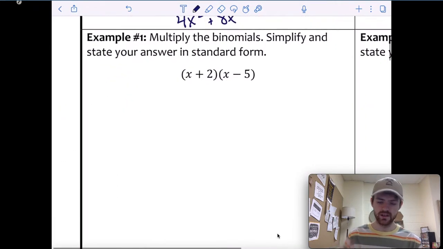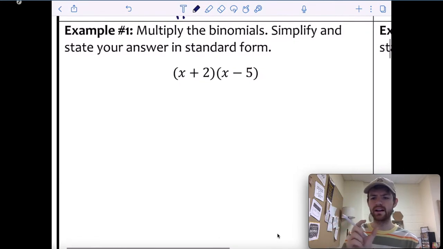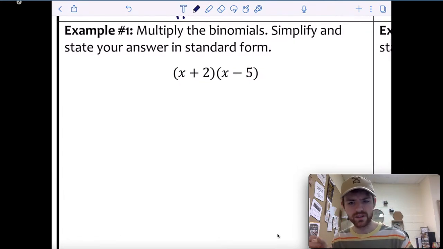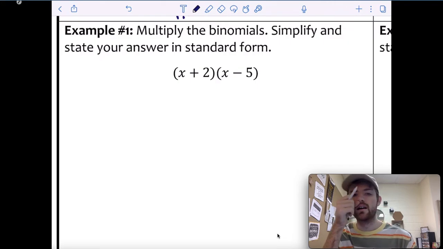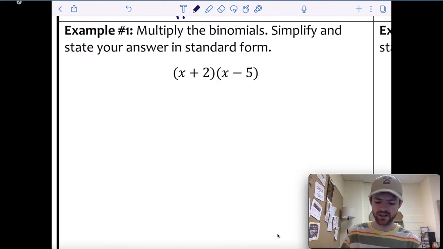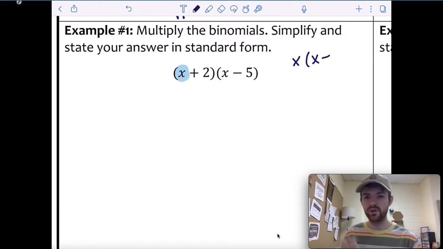So here's an example. We're multiplying a binomial times a binomial. How do we use this double distribute process? Well, if it was just x times x minus 5, we could do that, right?